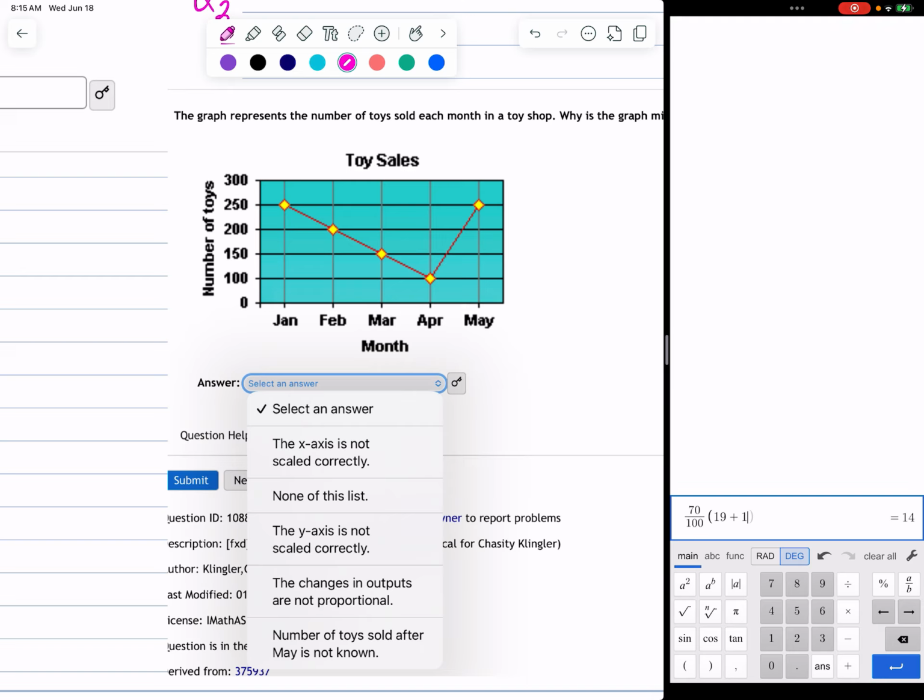For this misleading graph question, there were a couple of things that I decided to accept. One of the things that's easiest to do on these is to go through the answer choices and do it by process of elimination.